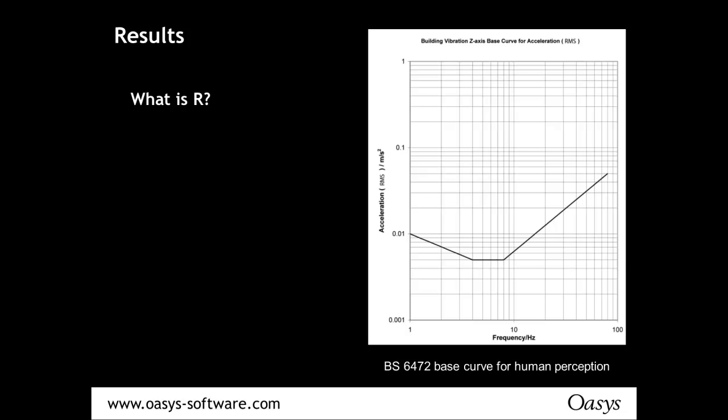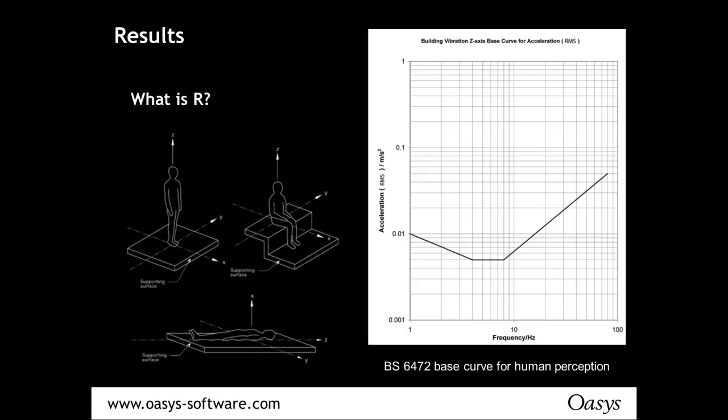Now, our awareness of these vibrations very much depends also on what we're doing at the time. People who are standing up are least aware of vibrations. People lying down are most aware, and sitting in between. Likewise, depending on the activity you're doing. If you concentrate on something very small and detailed, you tend to be more aware.